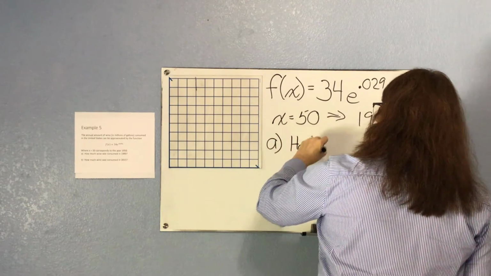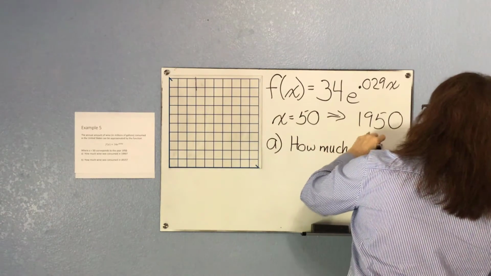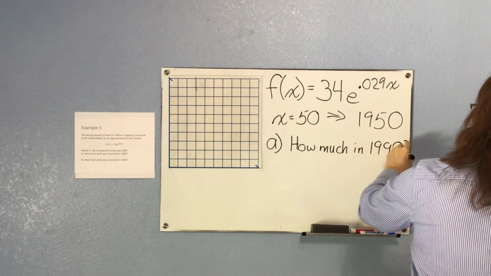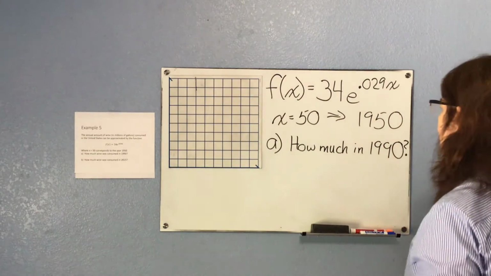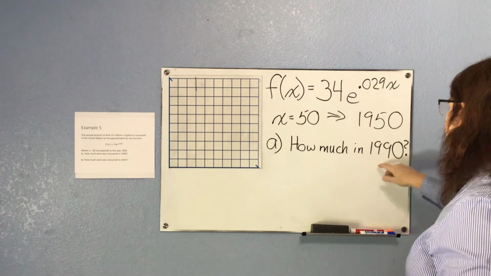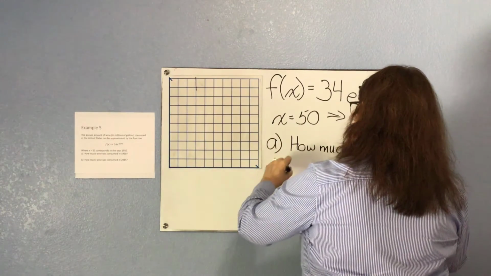So my first question is, how much wine in 1990? Well, if x equals 50 gives us 1950, then x equals 90 will give us 1990.